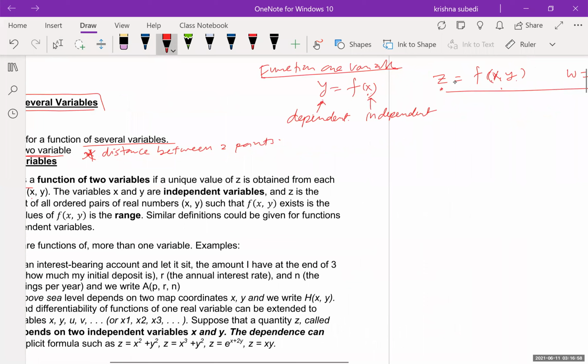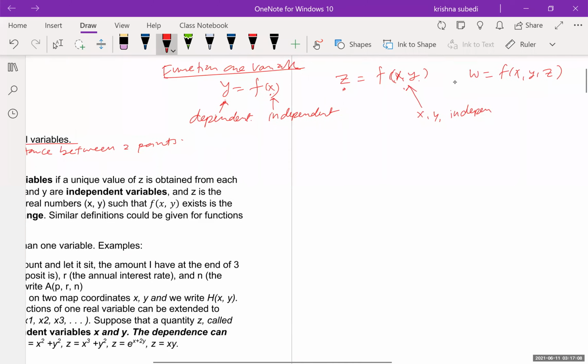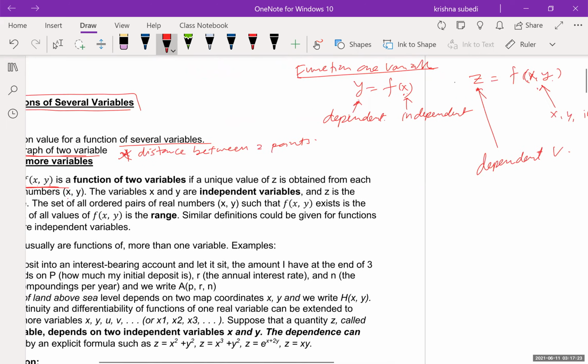In the same manner, if we are talking about function of two variables, this x and y are independent variables, and z is called the dependent variable.